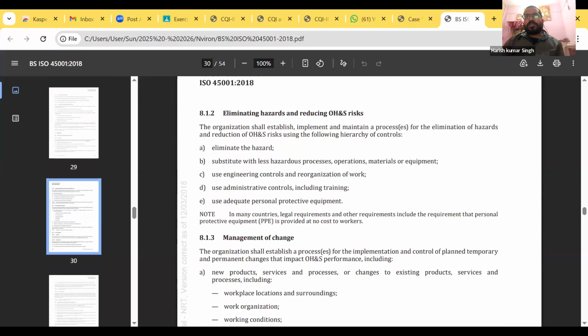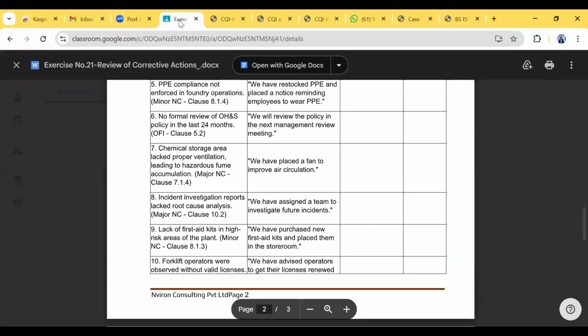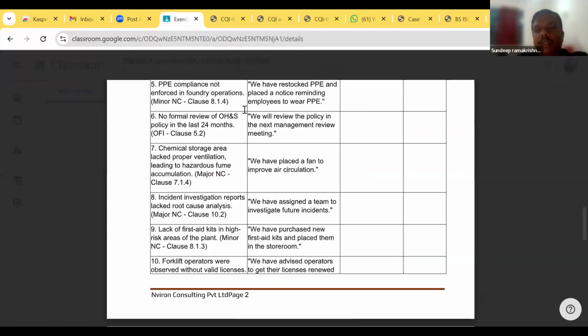So they have placed a fan, sir, simply a fan. There should be a proper exhaust system. It is a temporary action only. No engineering ventilation design has been implemented. Correct. See, to eliminate the problem, you have to think, okay? And then give your justification, okay?